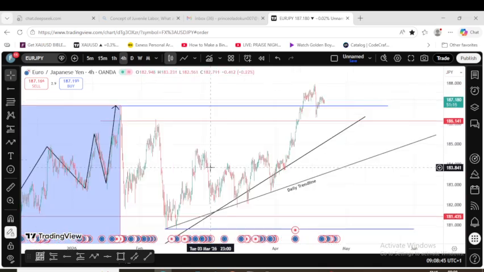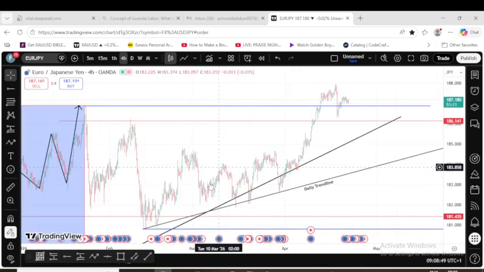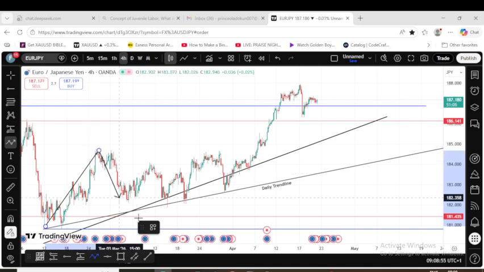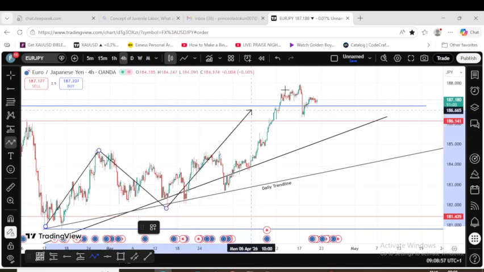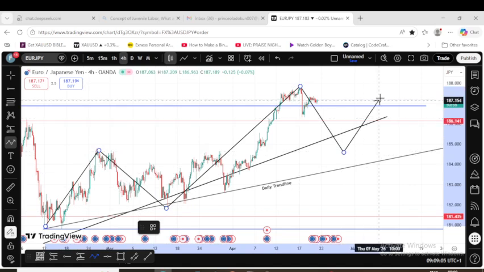So now, how many impulsive moves can we see in our most recent price action? We can see 1 correctional here, we can see 2 correctional here. So we should be expecting a correctional somewhere around here, and then an impulsive move.